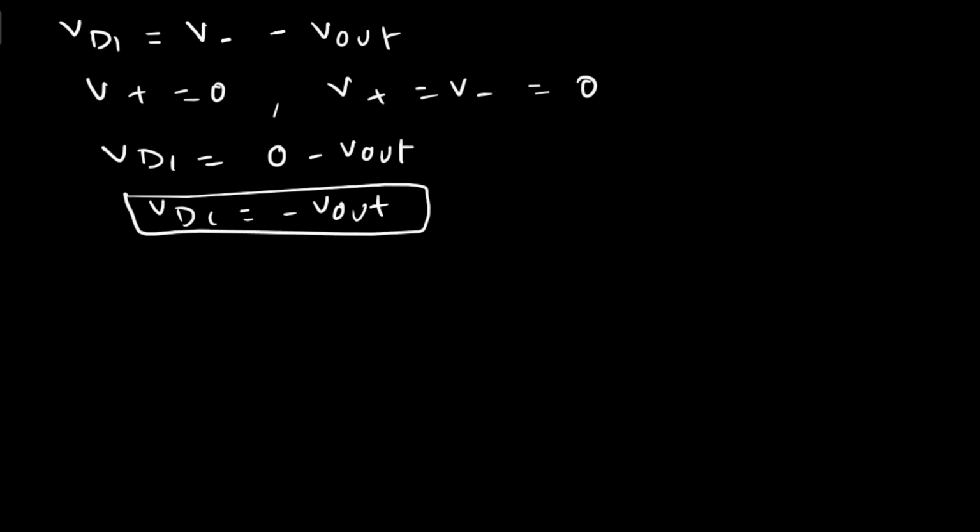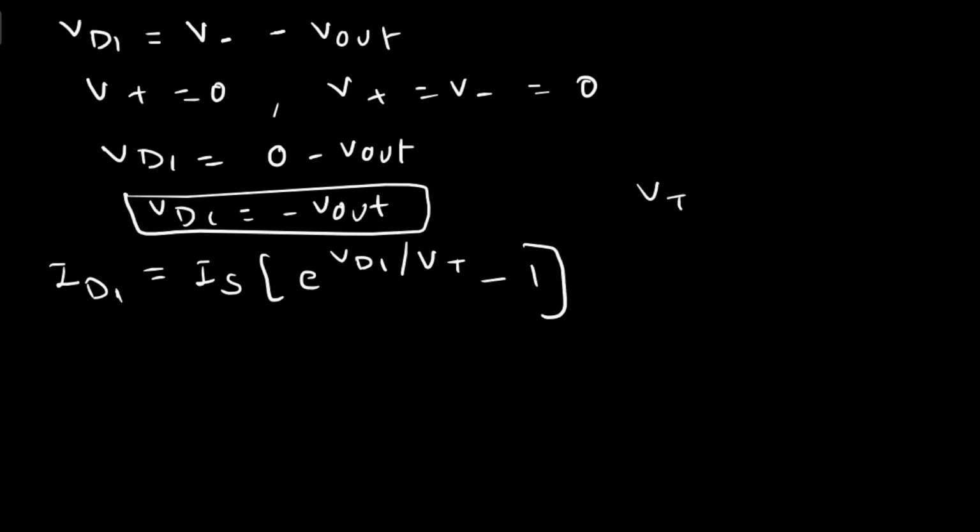But we know the current flowing in a diode equals the reverse saturation current times the exponential of the voltage across the diode, VD1 by Vt, minus 1. Here Vt is nothing but kT by q, which is equivalent to 26 millivolts.